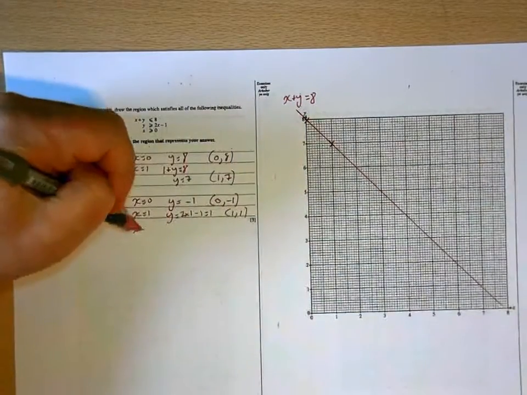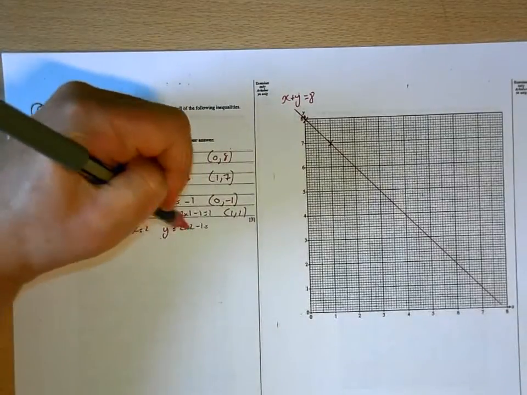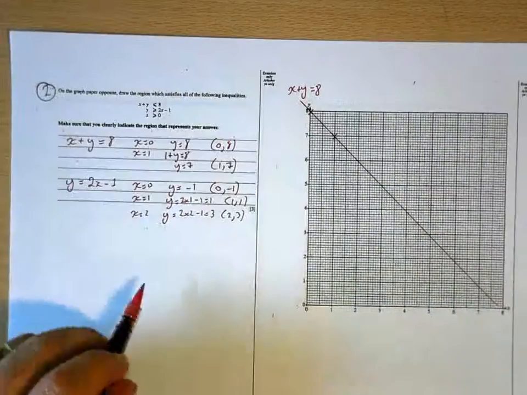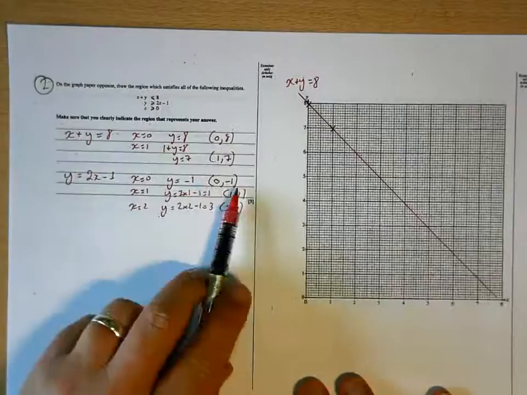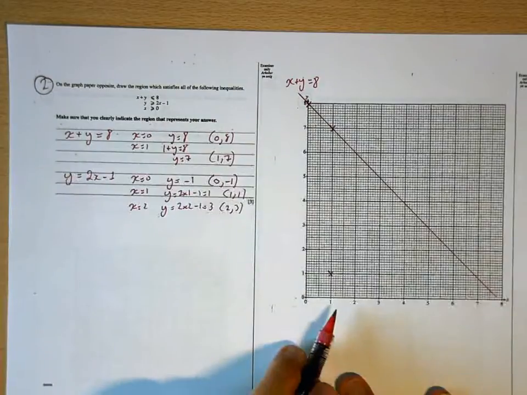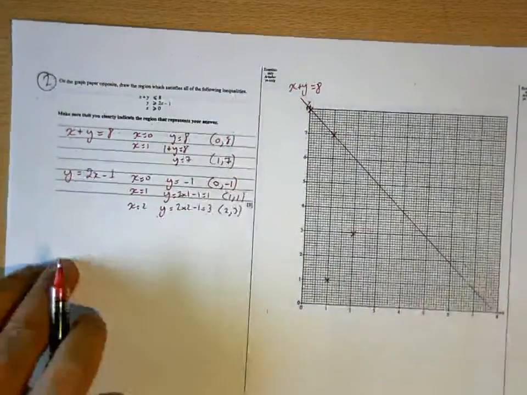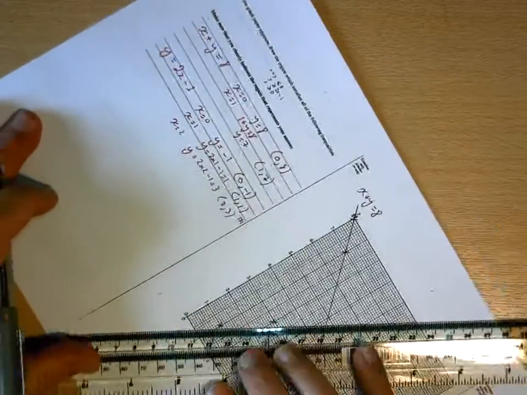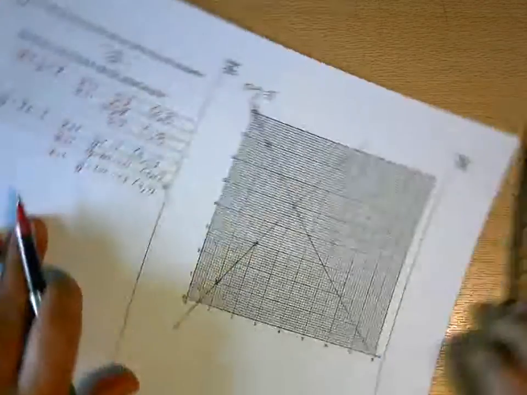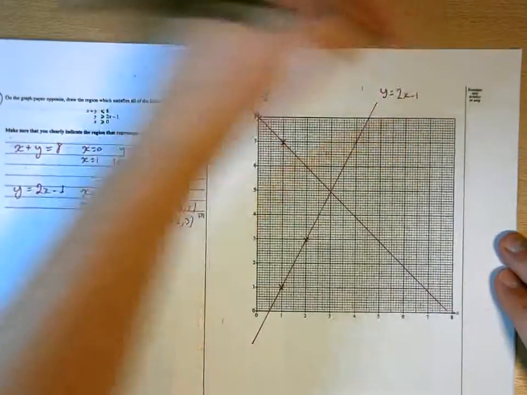And if I put x as 2 in there, I'd have y equals 2 times 2 take away 1. 4 take away 1 is 3. So I have the point 2, 3. So 0, minus 1 doesn't fit on my graph, so I can't use it. But I know that when x is 1, y is 1. And when x is 2, y is 3, gives me the 2 points I need. Join them up, draw the graph. So that's y equals 2x minus 1.